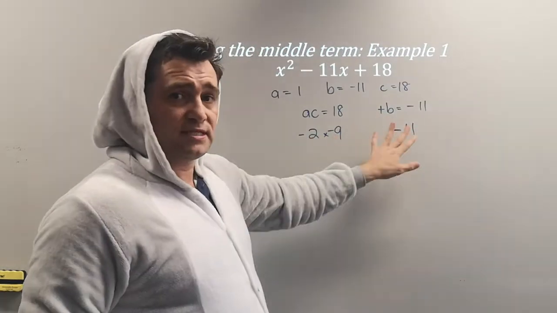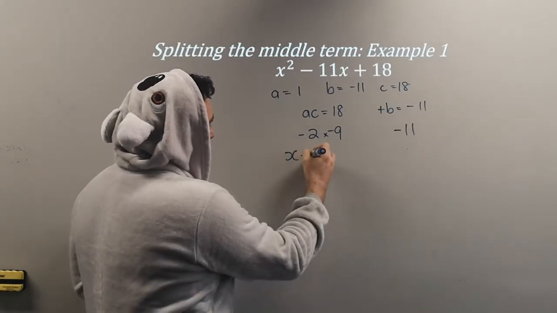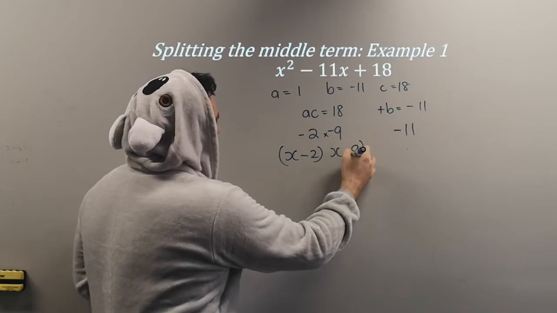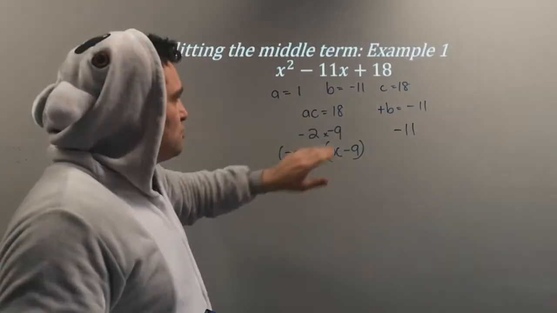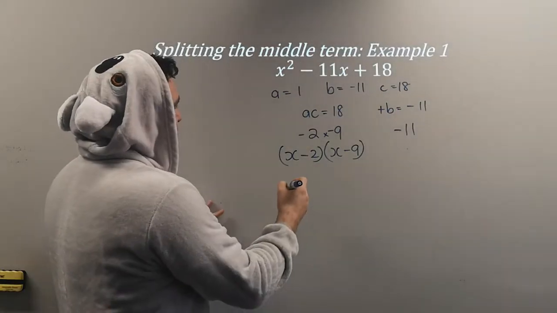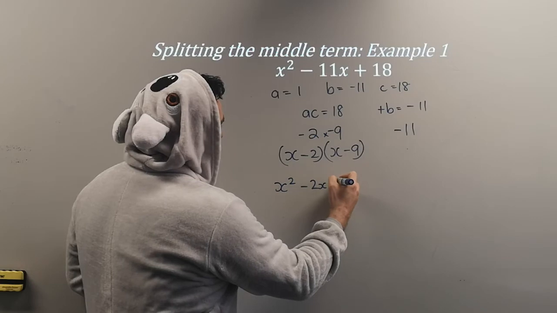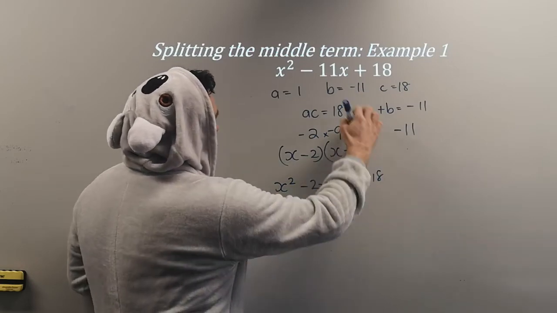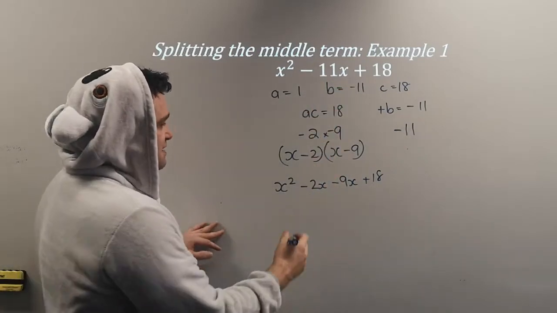From this point, I can factorise directly to (x minus 2)(x minus 9), because my a value is 1. Once again, we'll prove it out. So we've got x squared minus 2x minus 9x plus 18. We've split this negative 11 into negative 2 and negative 9.